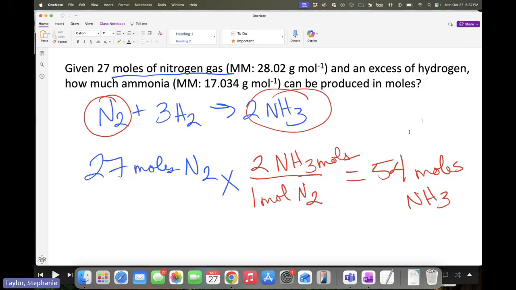One of the other things that sometimes happens is we intended the question to go from grams to moles, but at the last minute we decided the question was too long and we should save you some time, and therefore it should just all be in moles. So sometimes you have molar masses in questions but you don't need them. Sometimes you don't have them and you do need them.